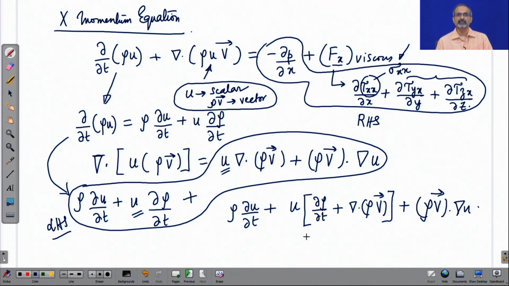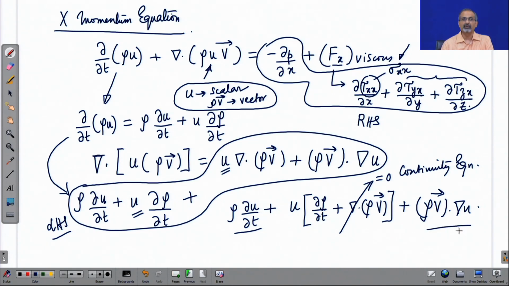So, this is the left hand side, and you may recall that as per the continuity equation, this is equal to 0. So, by mass conservation, this has to go to 0. So, what are you left with? You are left with this and this on the left hand side.